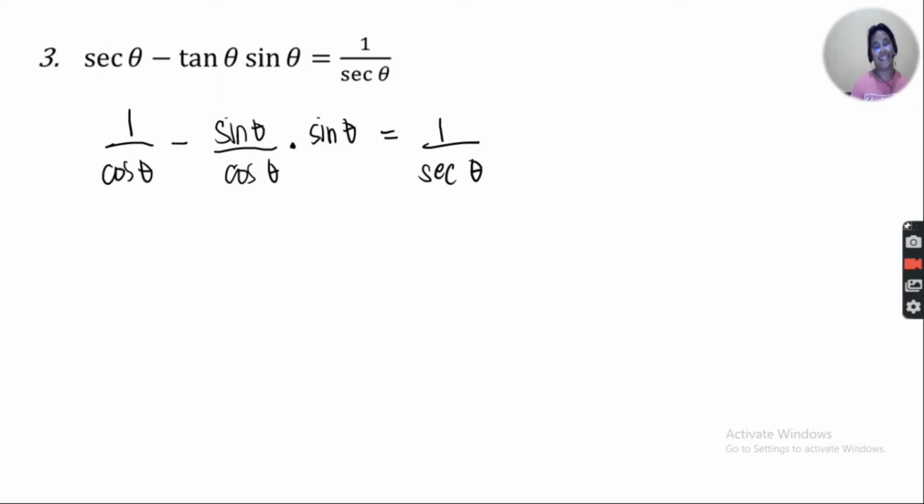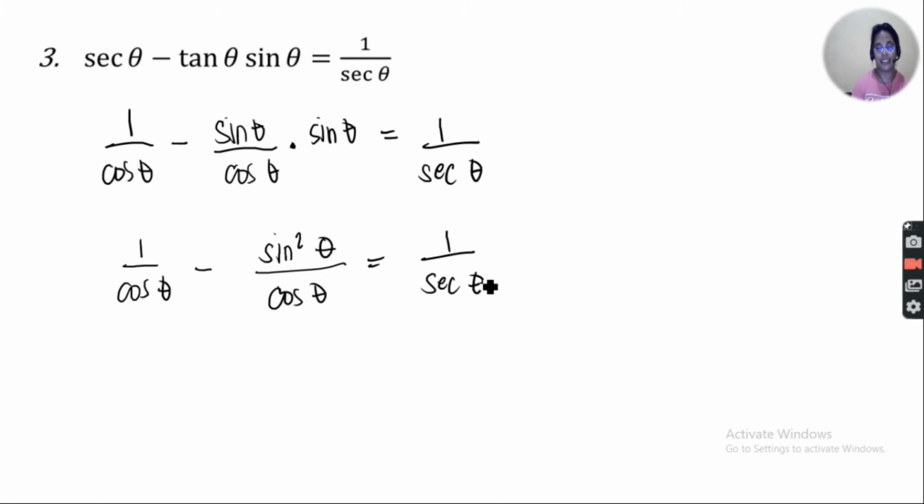So, ang ginamit po natin dyan sa ating item number 3 ay reciprocal identity po. So, we have 1 over cosine theta minus sine squared theta over cosine theta is equal to 1 over secant theta.